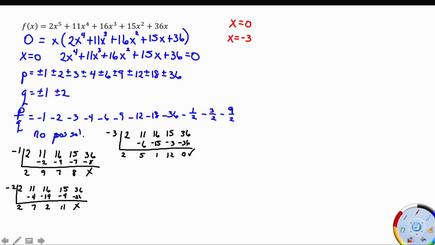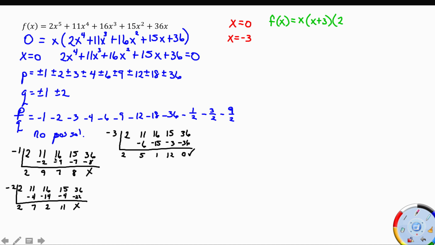And don't forget that I could also be writing this in factored form if it asked me to factor. Then the corresponding factor that goes with the 0, x minus 3, is x plus 3. And so far, my remaining factor is 2.